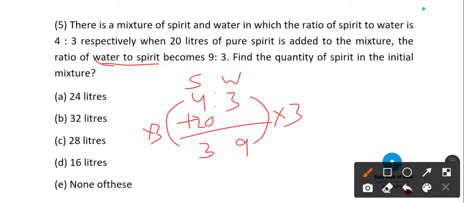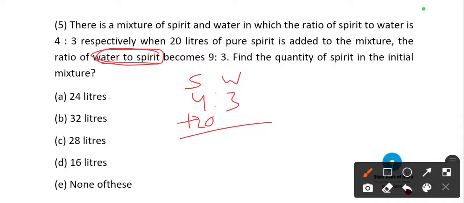Here we need to take spirit to water. The question is misprinted. So if we take it oppositely, spirit to water, then the ratio becomes 9:3.